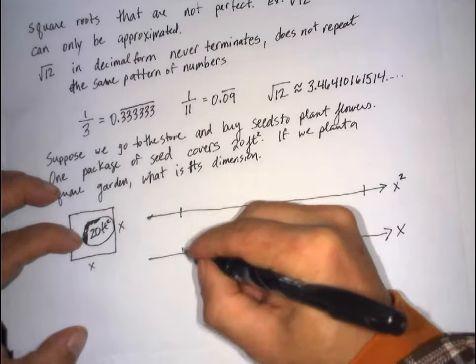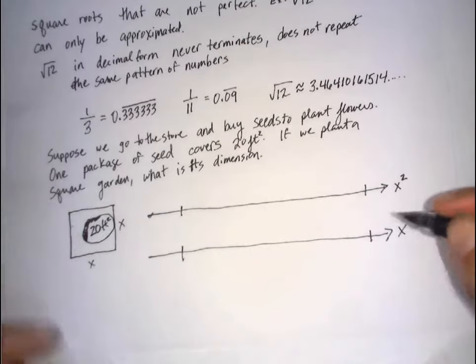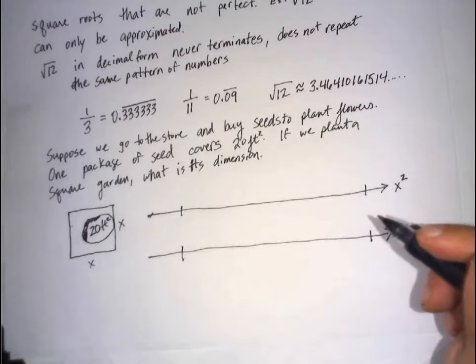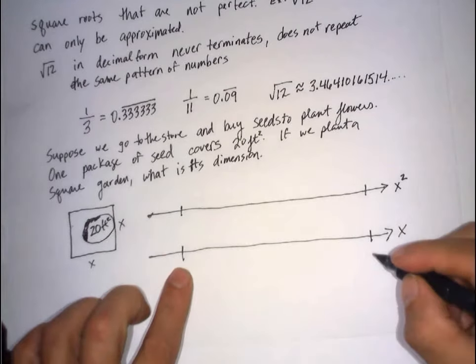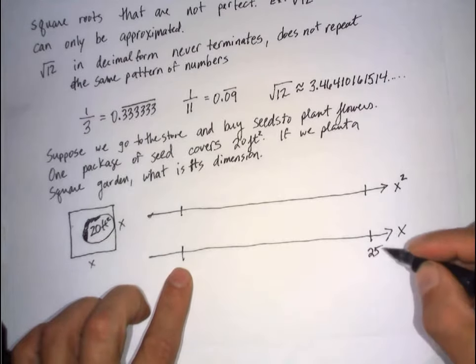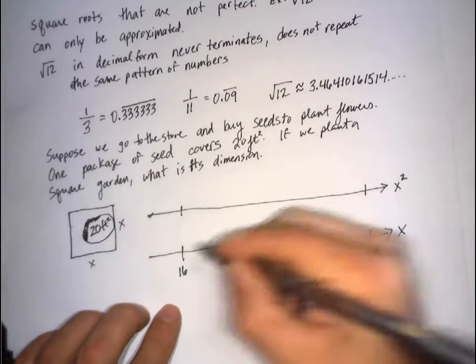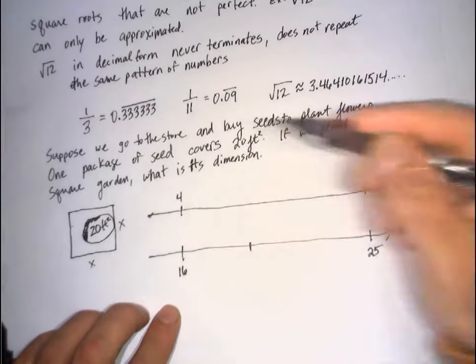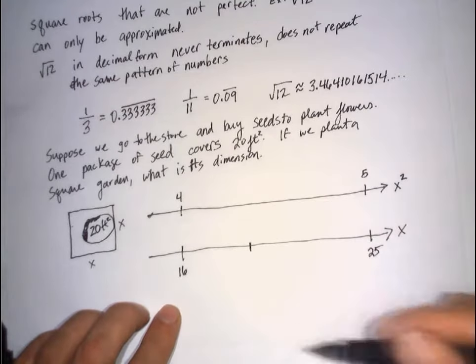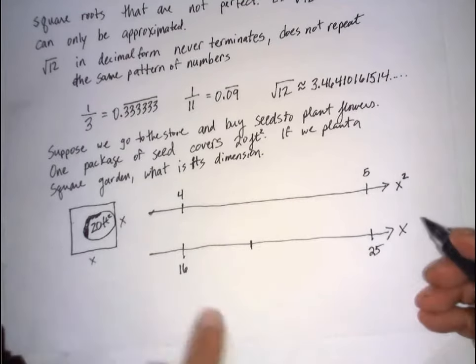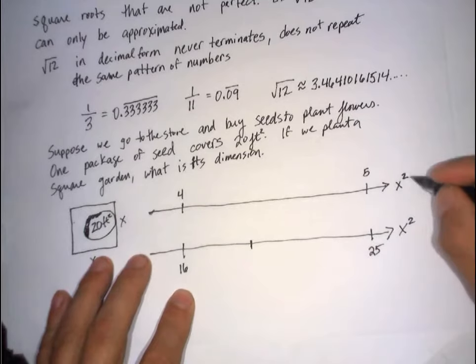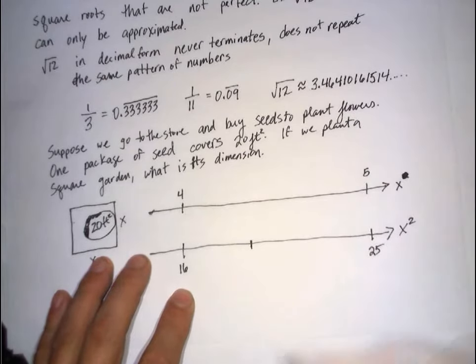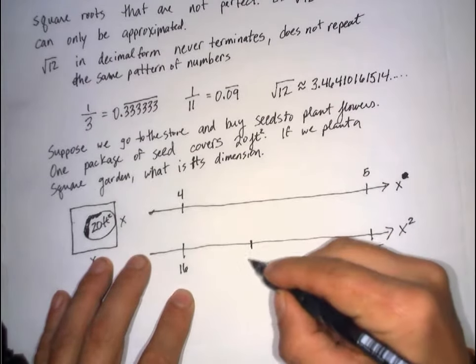If we go through the squares, we know that 5 squared is 25, so that's too high, and we know that 4 squared is 16. So somewhere in here, this is 4 squared and this is 5. So we're looking for x. This is x squared. I did it backwards. That's fine. I want to know what the square root of 20 is.